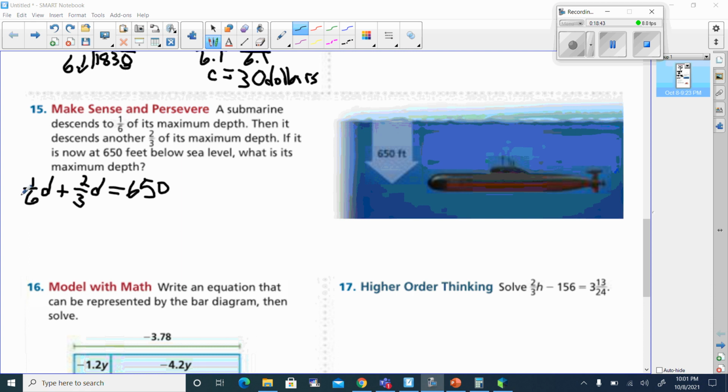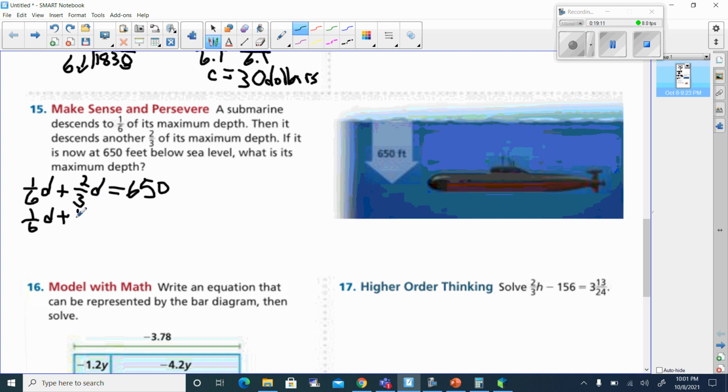So the only thing we have to figure out is how to go ahead and get the denominators the same, right? So I see this as 2/3 over here. I can multiply this 3 by 2 and get 6. So we're going to rewrite this to show 1/6 D, and if I multiply the bottom by 2, I have to multiply the top by 2.